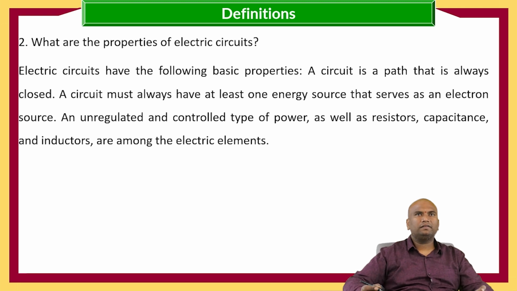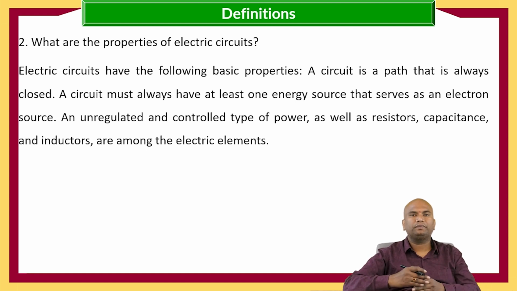The second one is, what are the properties of electrical circuits? The basic properties of electrical circuits are: there should be a closed path. First point is there should be a closed path, then only a current can flow.